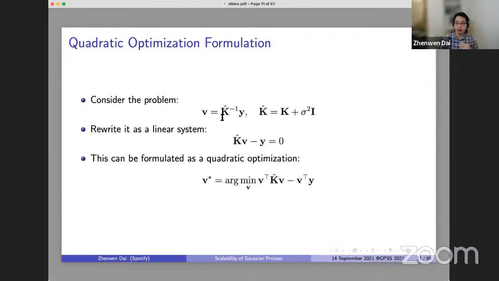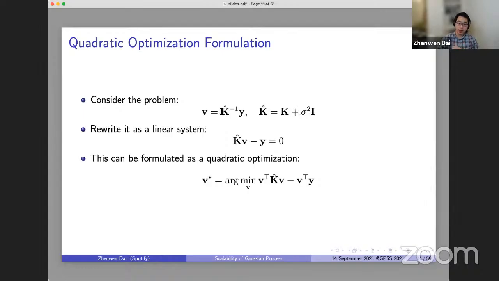Then that multiplication is just an inner product, which is really fast. So let's focus on this side of the calculation. And for convenience of notation, let's denote K plus sigma squared I as K hat.